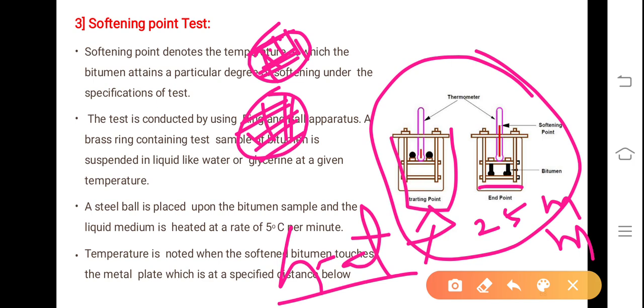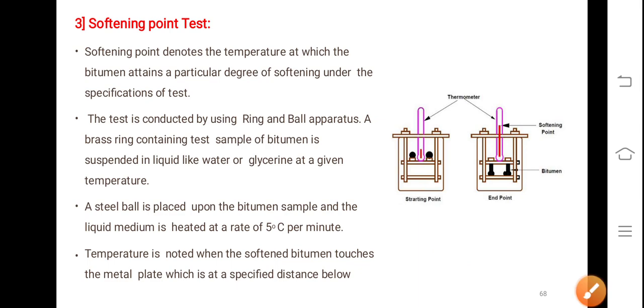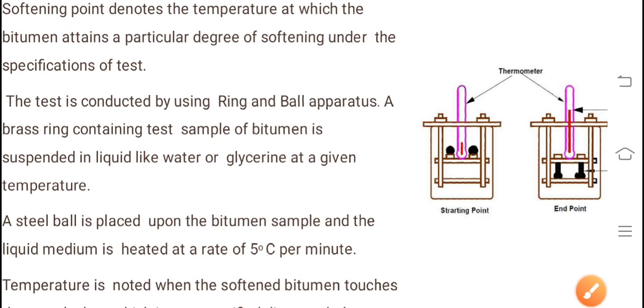As you heat the water, the bitumen gets softened and starts flowing through the hole of this ring, and it falls down and touches the metal plate. As soon as it touches the metal plate, you have to use the thermometer given here and measure the temperature. That is nothing but the softening point. That's all about softening point as far as the theory class is concerned.